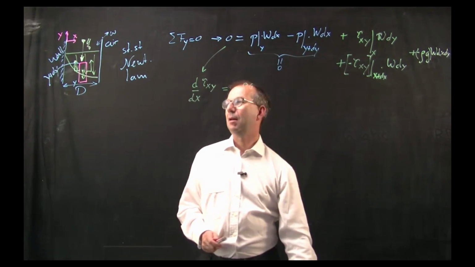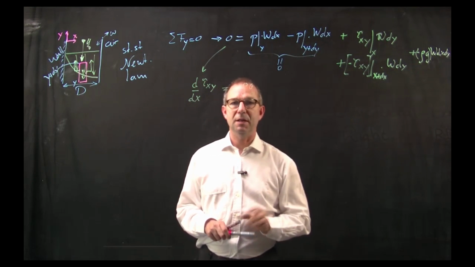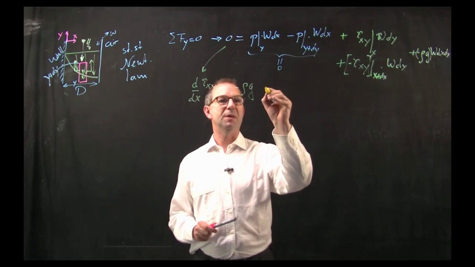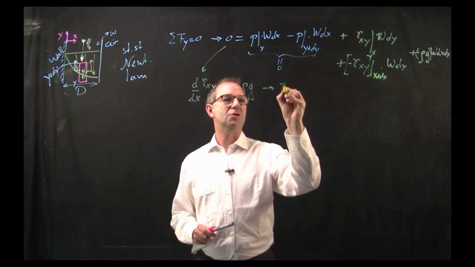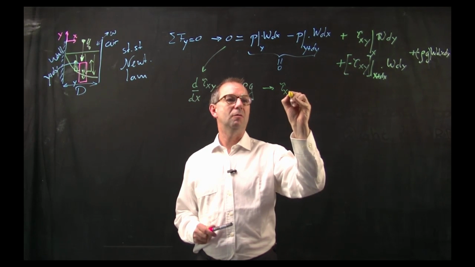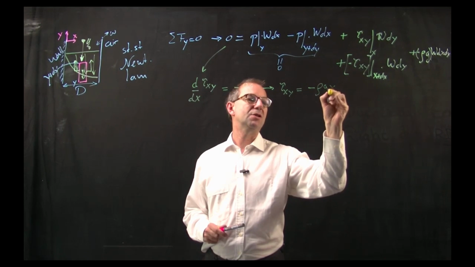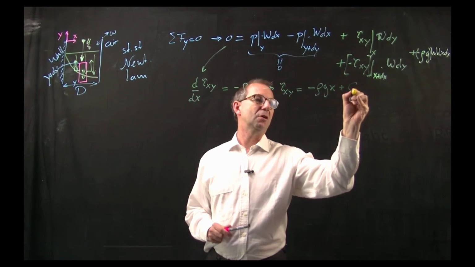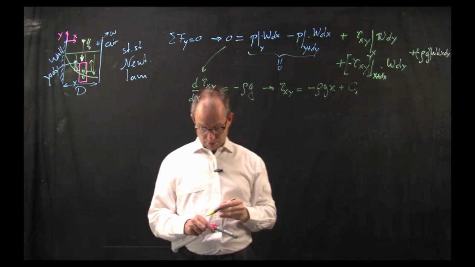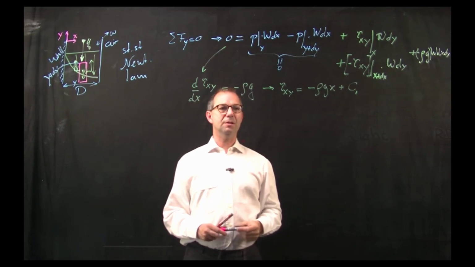Okay, I can integrate this once, that gives me tau x y equals minus rho g x plus an integration constant. Do I know this integration constant?